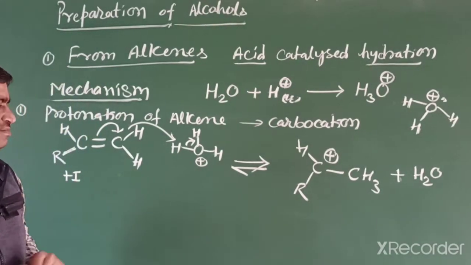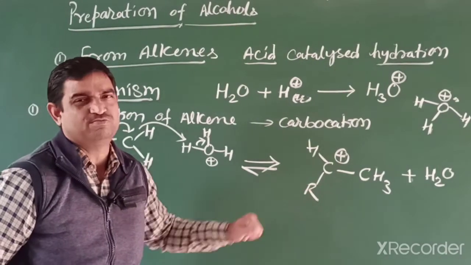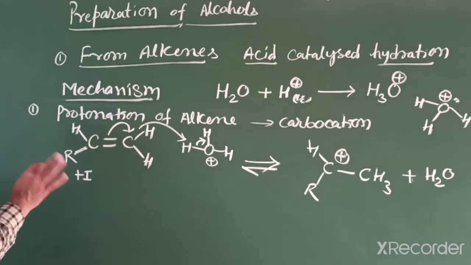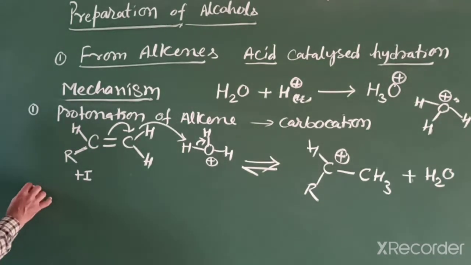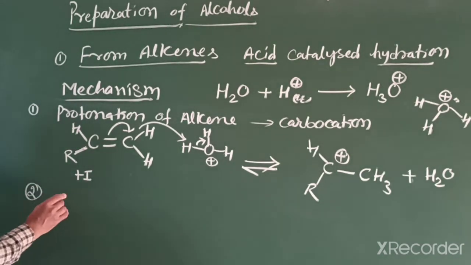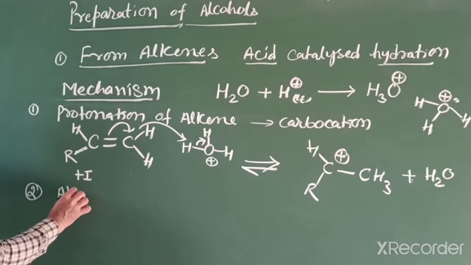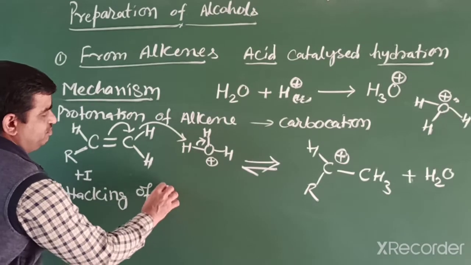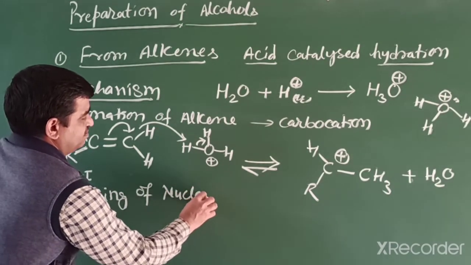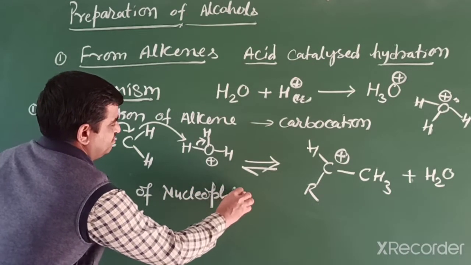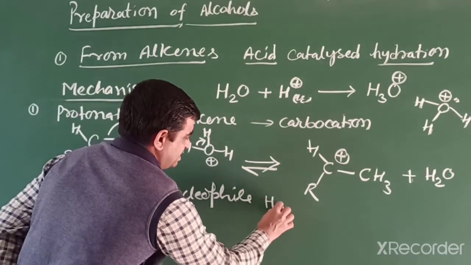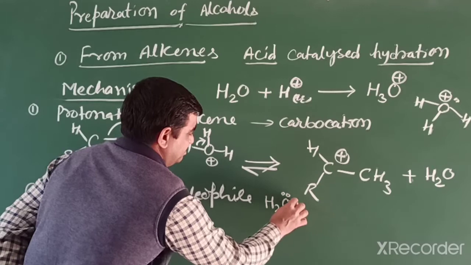By this reaction we get a carbocation, and it occurs according to Markovnikov rule. First the proton, then what happens? In the second step, attacking of nucleophile. What is the nucleophile here? Water acts as a nucleophile in this reaction.